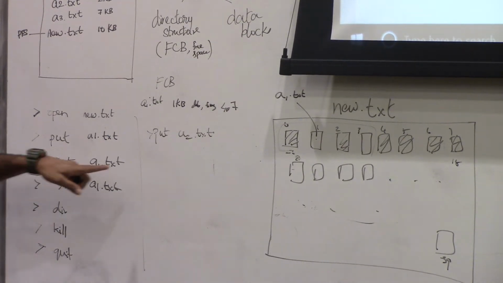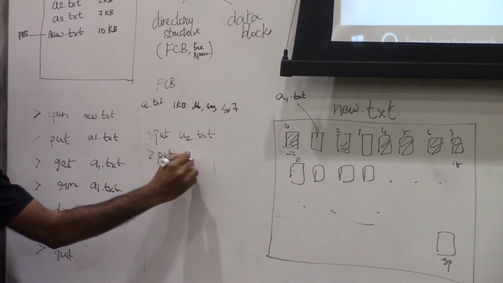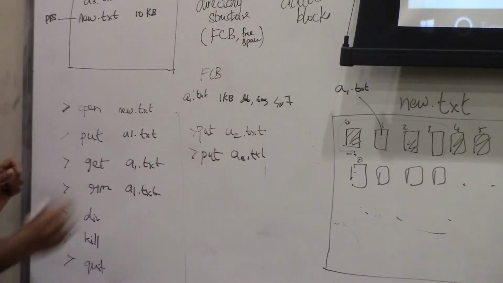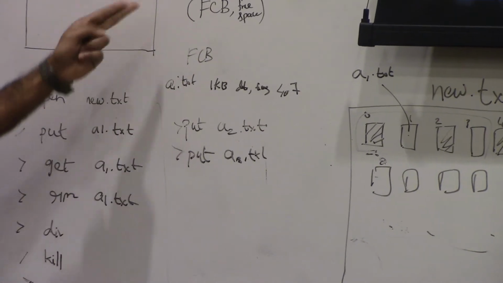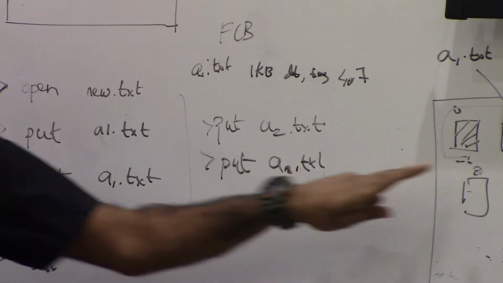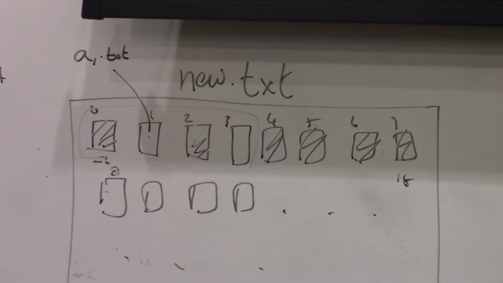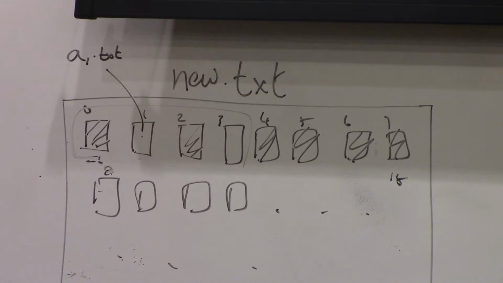In a similar way, if I am giving put a3, then you should manage it like a 7 kilobyte file, but you have already used 4 KB of your file, and the remaining 6 only will be available. Since this is 7 KB, you will not be able to write it over here.